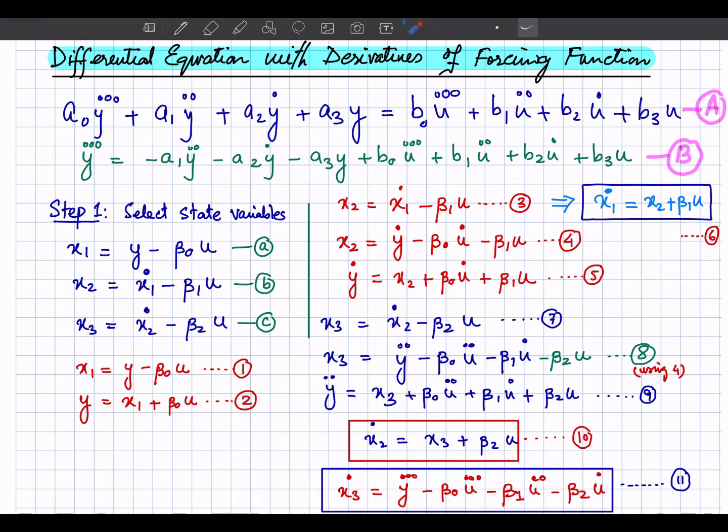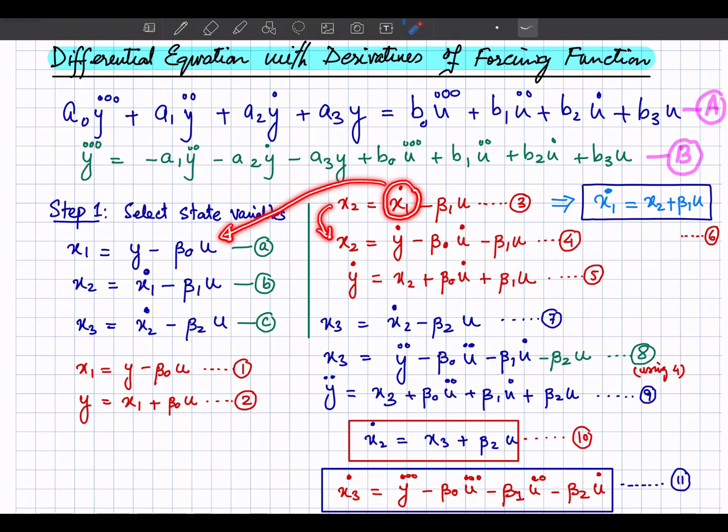Now taking the second state variable definition, x2 is equal to x1 dot minus beta 1 u, we can write down this equation like this. So what we have done in this equation, we have basically used the derivative of the x1. So x1 is defined by this equation.